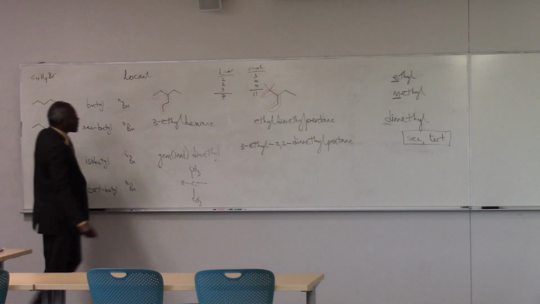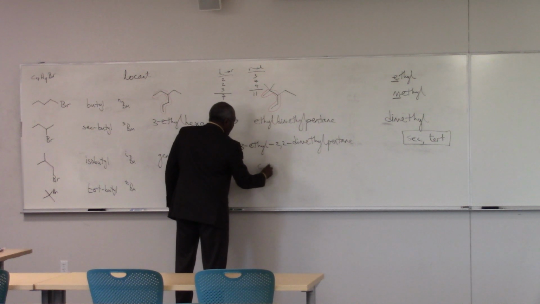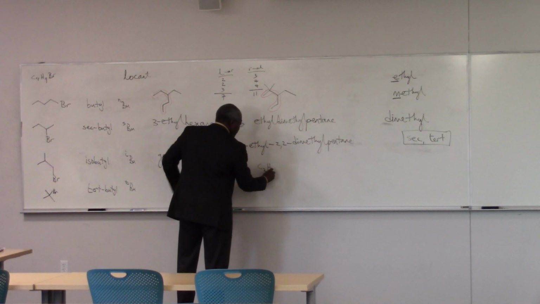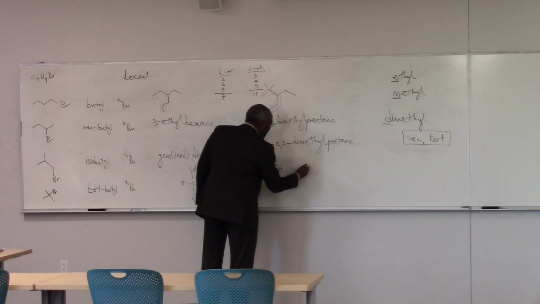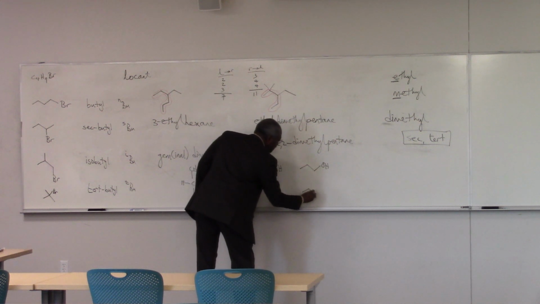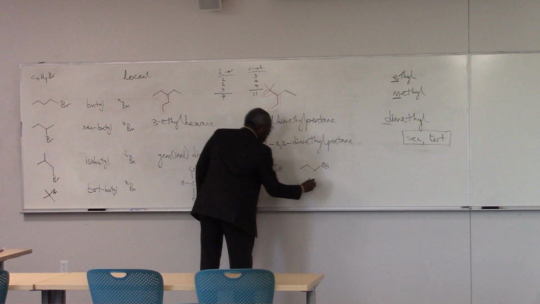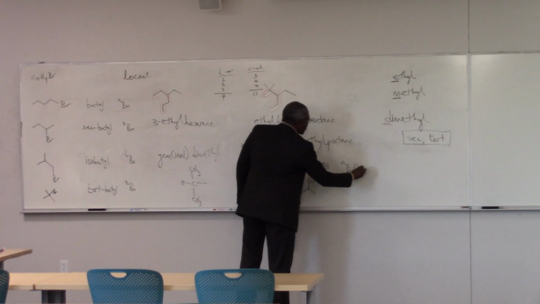The same thing is true, by the way, for propyls. If I have C3H7OH, I have a couple isomers of that. I can have this one, and I can have this one. This is called N-propyl alcohol.